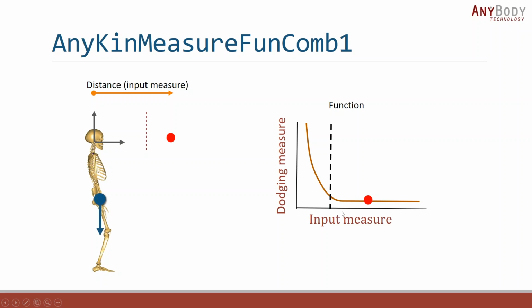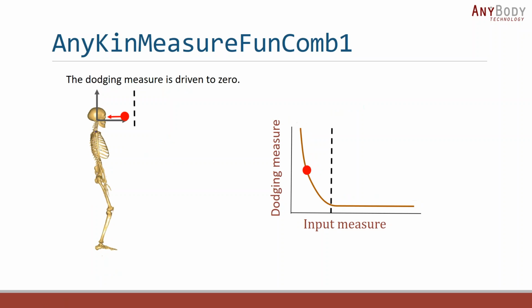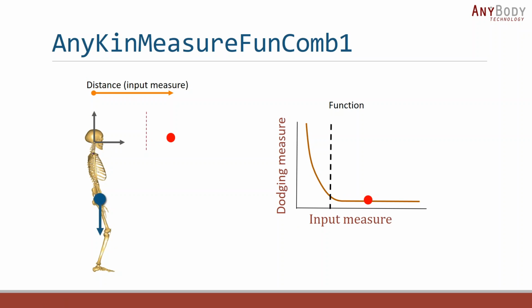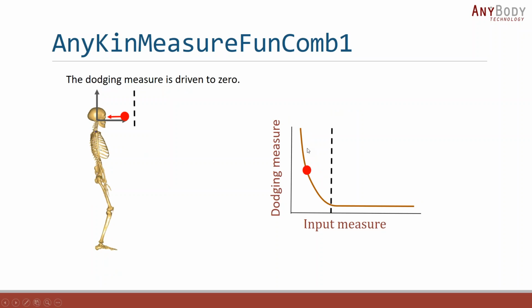So you can think of it as having the input measure on the x-axis here, and the output measure on the y-axis. Let's see if we can show this again. As the obstacle moves towards the person, the dot here goes up along the function.